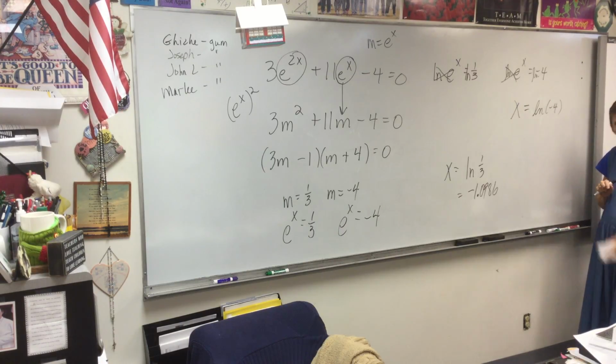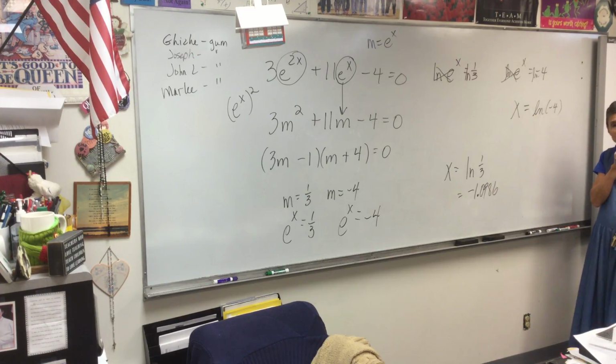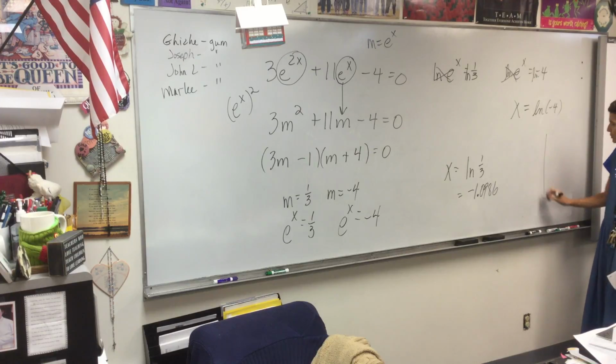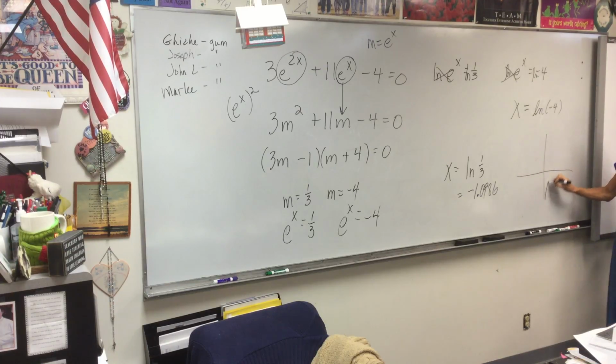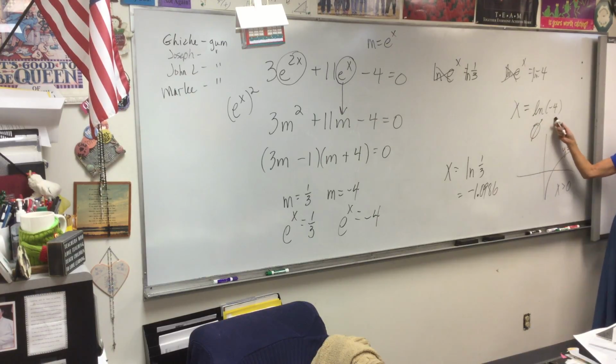Uh-oh. Remember we have that domain issue with the logarithms. For y equals ln x, x has to be bigger than 0. We can't do this. There is no solution.